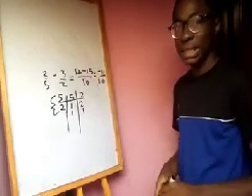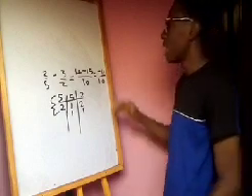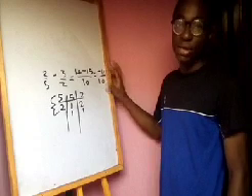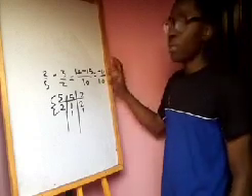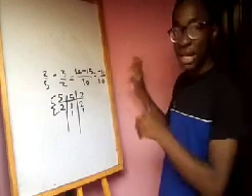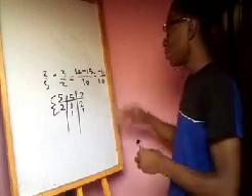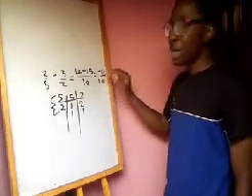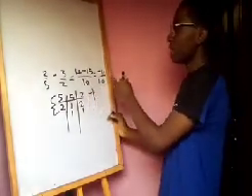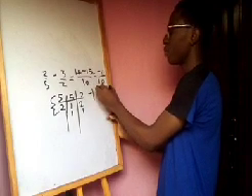Now that is where we stop for this simplification, and you can express your answer in different forms. For example, this minus 11 over 10, you can divide your numerator by your denominator to get a whole number, and then you write your remainder as a fraction. So what I mean is, minus 11 divided by 10 is minus 1. Then you have a remainder of 1. Then put over 10.